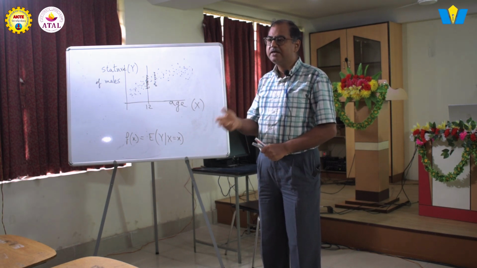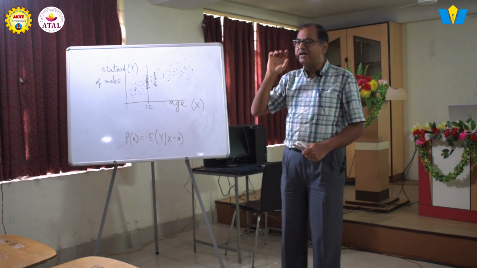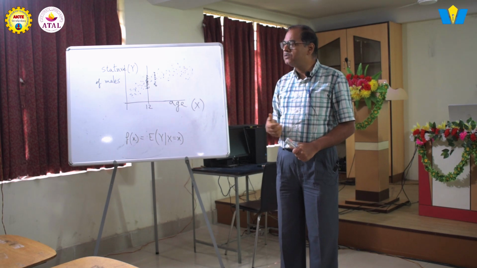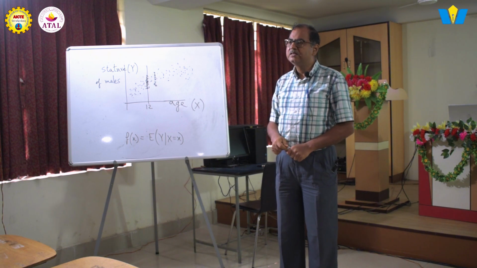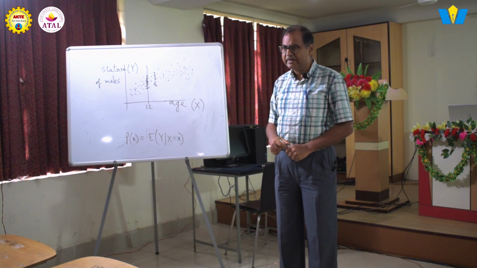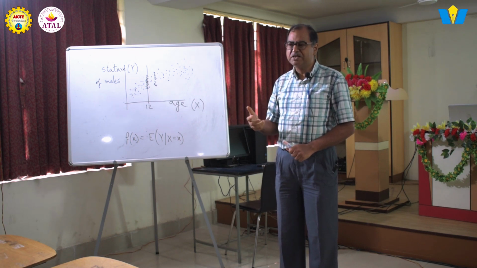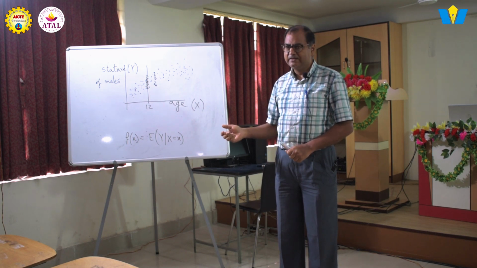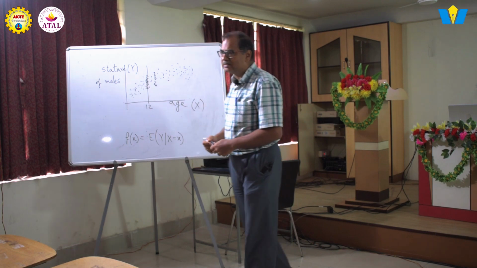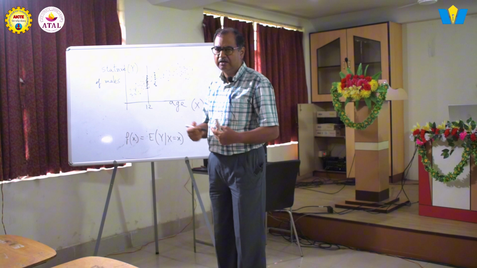If that criterion is used, then the optimal solution is this. But this criterion itself is a very popular criterion, and because of that, the solution to the most popular criterion is referred to as the regression of y on x. It's like, Xerox is a very popular kind of copying machine, so people call it a Xerox machine. It's like that. This is called the regression of y on x in a specific sense, but popularly it is used in a very general way.